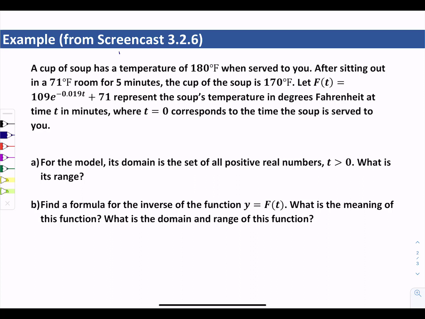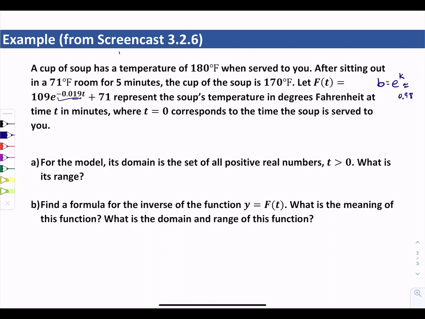So actually in screencast 3.2.6 we had seen that b, which is equivalent to e to the k, was approximately 0.98 something. So when we solved for k, we were able to get negative 0.019, which is something that you would have done back in section 3.3. So anyhow, we're going to use this model.